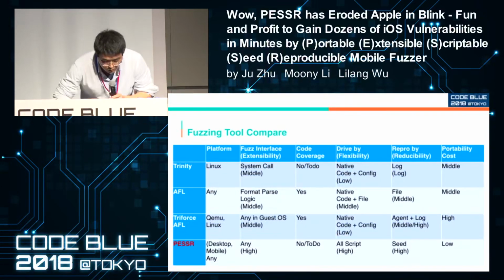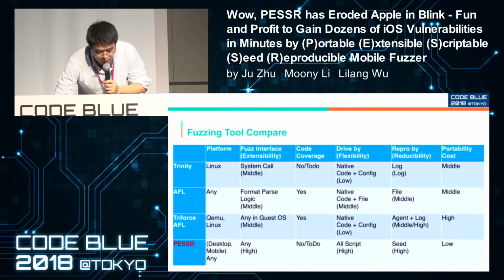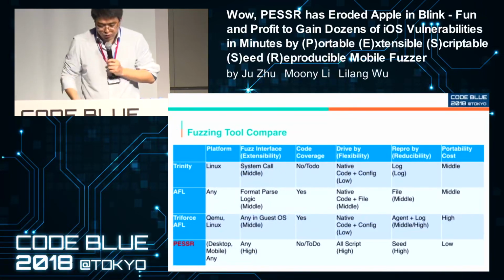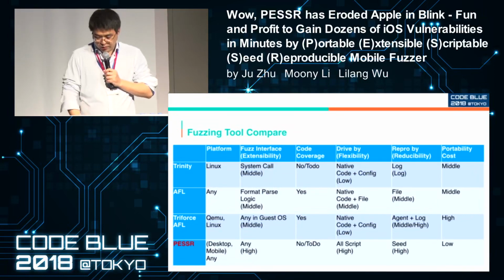And also the final one is our PESSR. We will compare different fuzzers according to different dimensions. For example, the platform, fuzzing interface, code coverage support, driven by support, and the reproduce strategy, and the portability according to the platform.